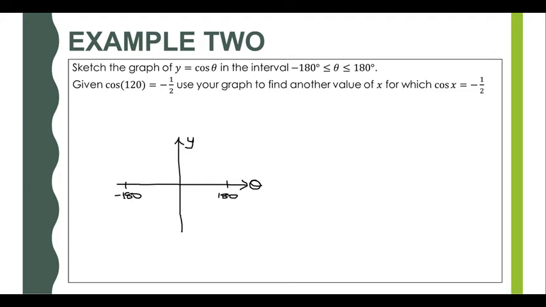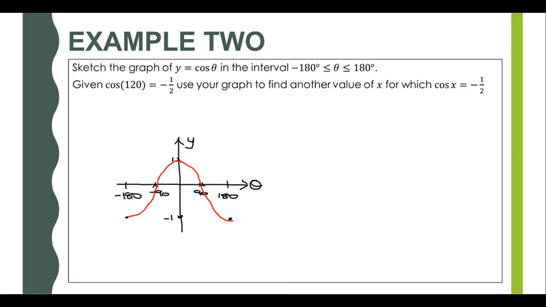We know that cos crosses the x-axis at minus 90 and plus 90, and it has a maximum of 1 when x is 0 and minus 1 when x is 180 and minus 180, which means we can sketch our graph to look something like that.